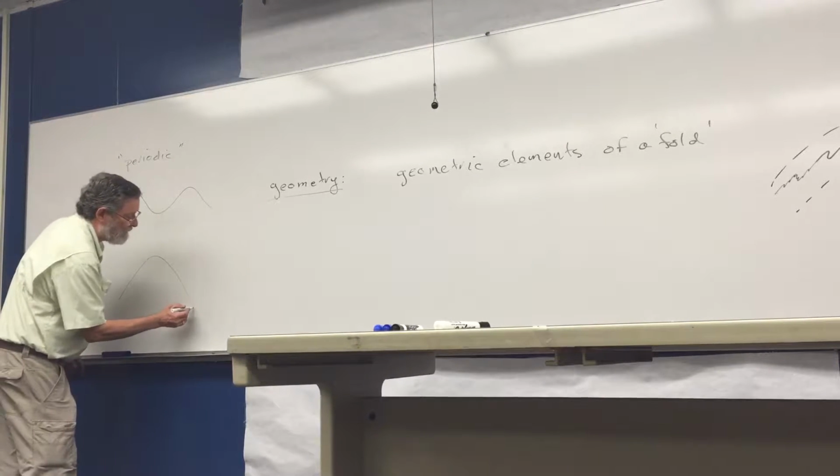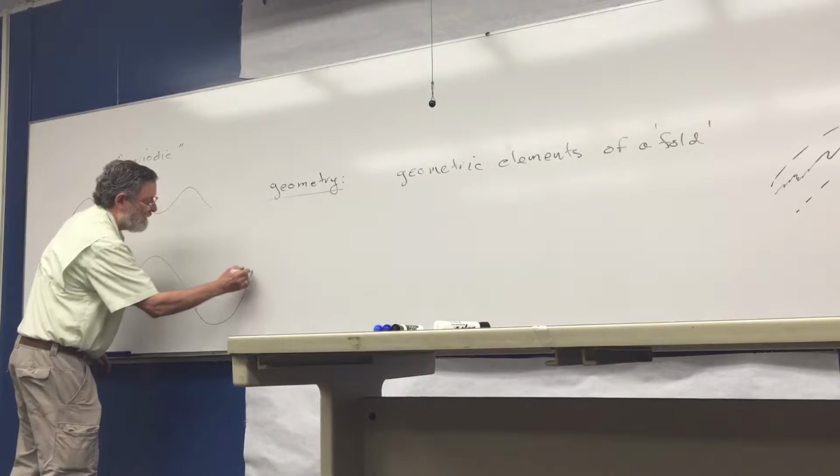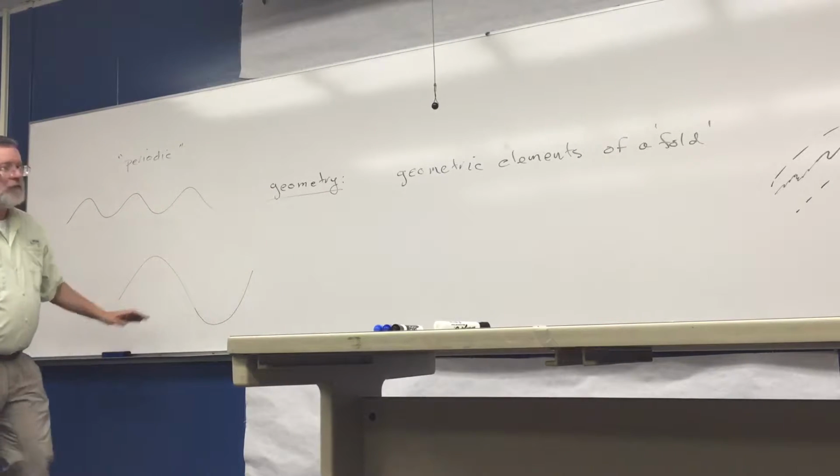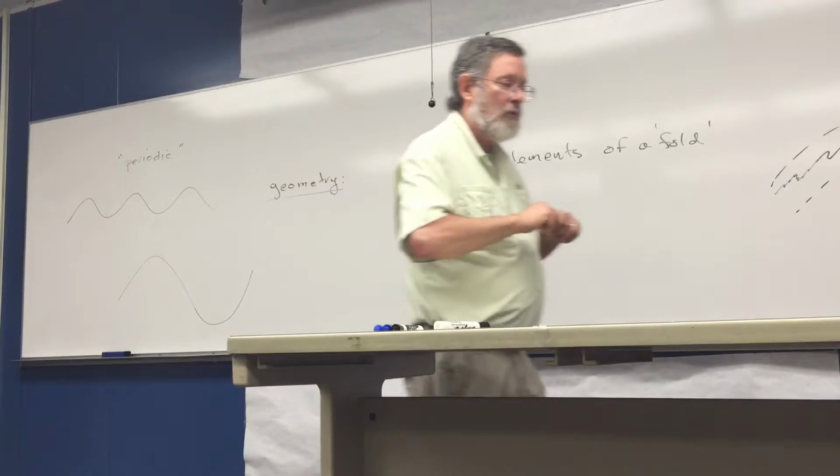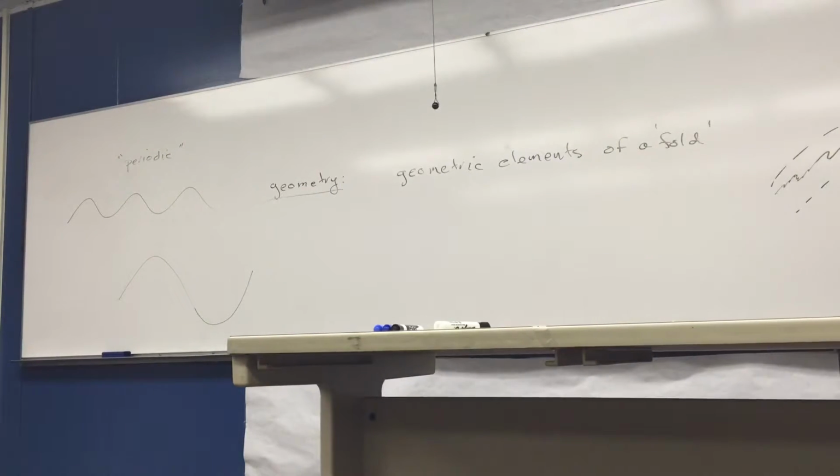Well, let's take a full cycle. So there we have a full cycle. You can think of this right now, it would not be inappropriate to think of this as a sine curve or as a cosine curve.